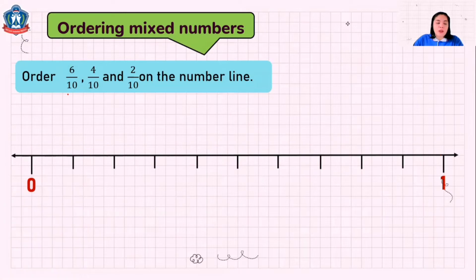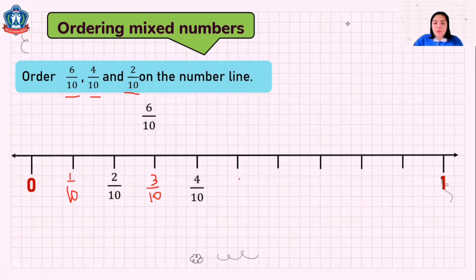Now let's order, or place, these fractions on the number line. Okay, let's start. So we have 6 tenths, 4 tenths, and 2 tenths. 2/10 is on the second part. So the first one is 1/10. The second is 2/10. Next, let's order from the smaller. So this is 4/10 because here this is 3/10. Correct. How about 6/10?